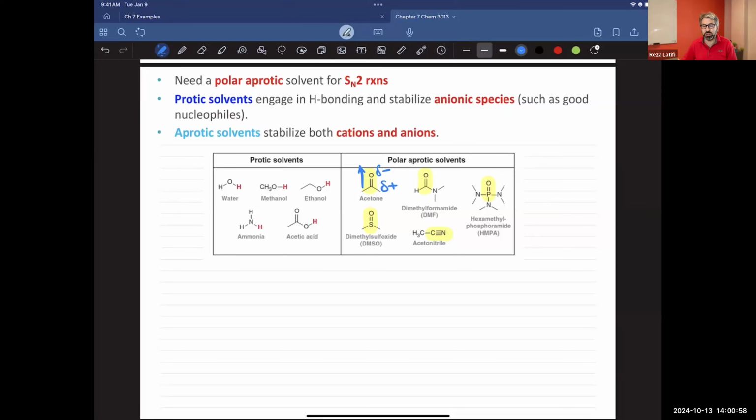But there is no acidic H attached to the electronegative element, so I'm going to call them aprotic. An aprotic solvent has no acidic hydrogen attached to the electronegative element.